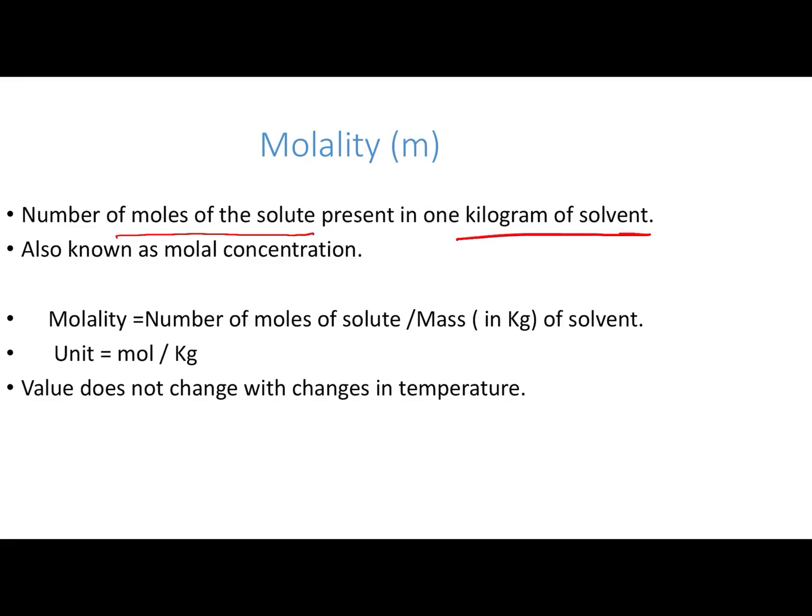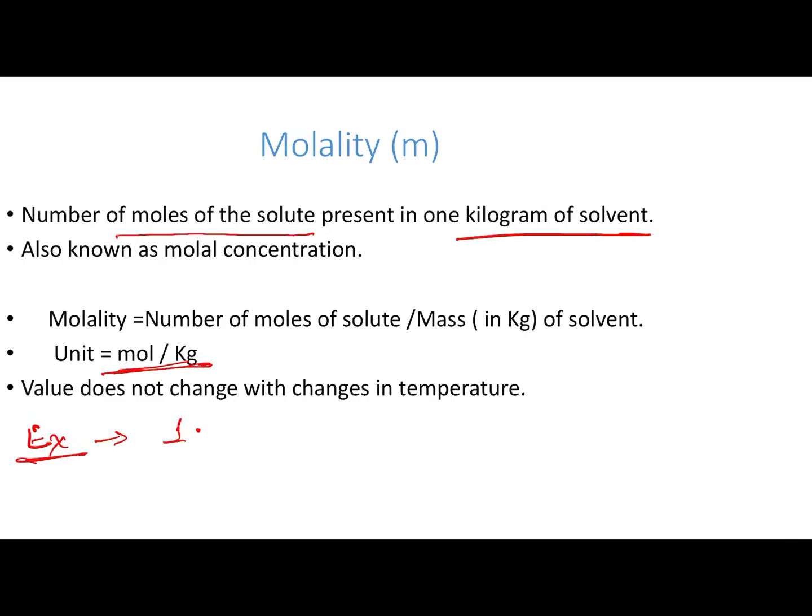The value of molality does not change with the change in temperature. It is independent of temperature. In this case, mass of solute and solvent in a solution does not change. In molality, mass of the solvent is used and not the mass of the solution. And its unit is mole per kg.